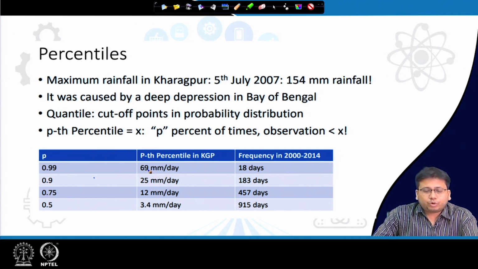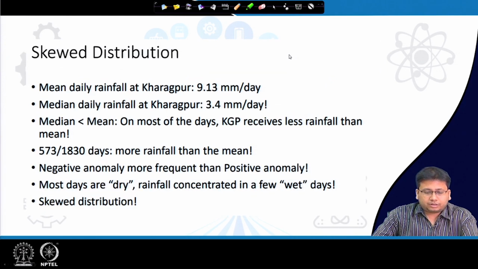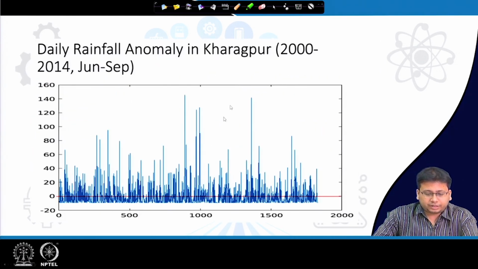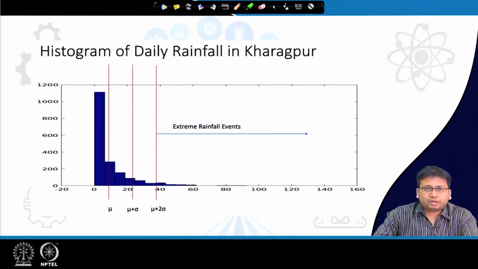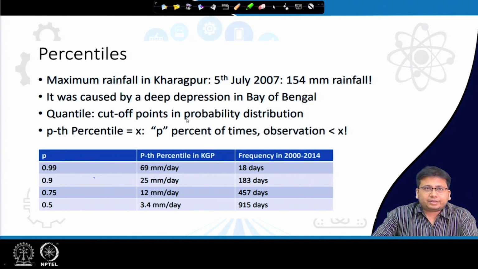If you do an analysis of the values in this data set, you will find that that cutoff value is 69 millimeters. That is, there are only 1% of the days in which the rainfall is more than 69 millimeters.